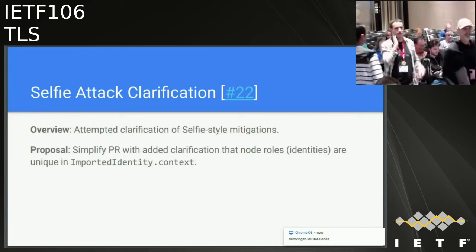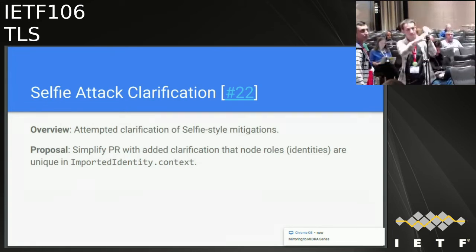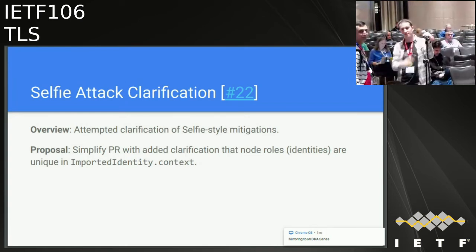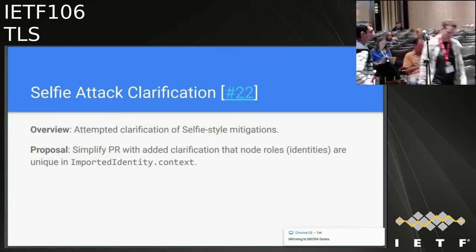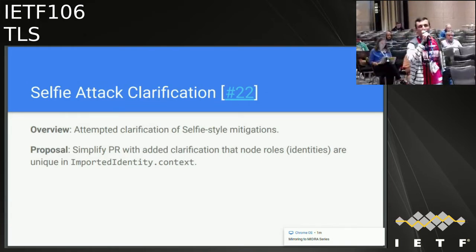So I think what we've come to a conclusion, unless somebody's going to get up and radically scream at me, is that we are going to reject this PR. Then I'll kick off the process to move it forward. We'll form a design team to get some additional information up about selfie and how to deal with it. Mohit: I won't lose sleep over rejecting this PR. That's fine if there seems to be consensus for that.